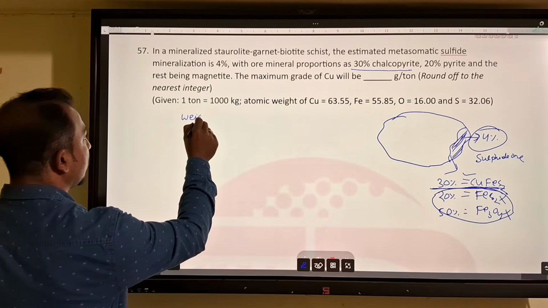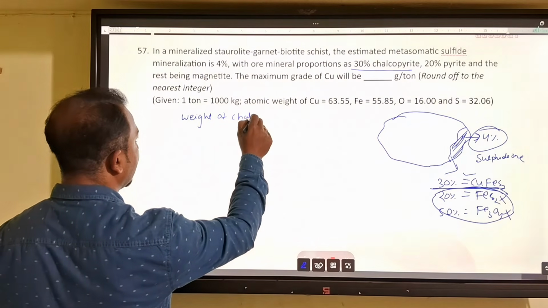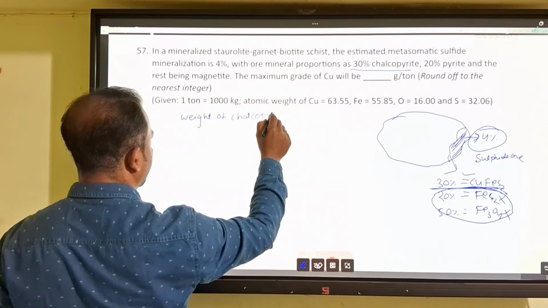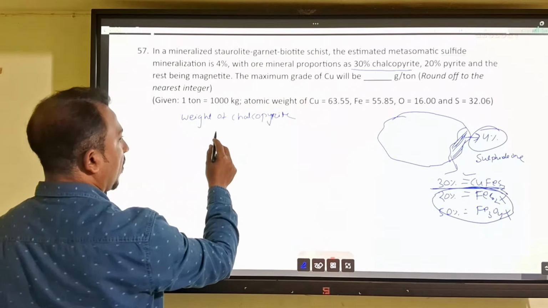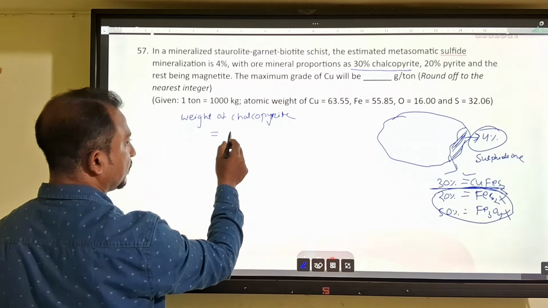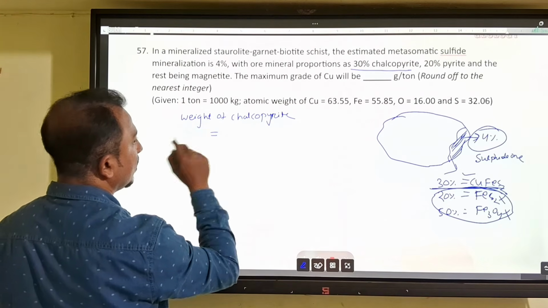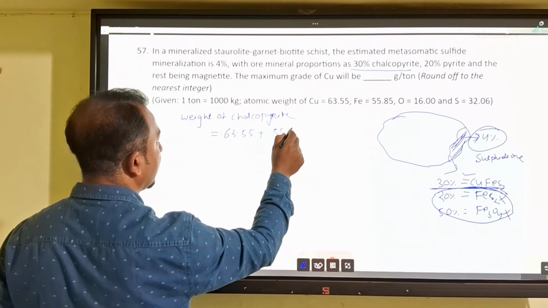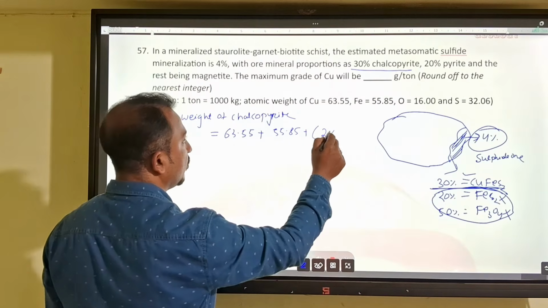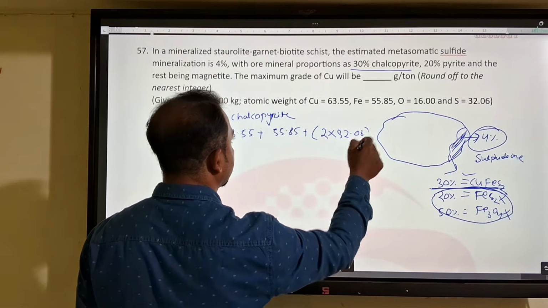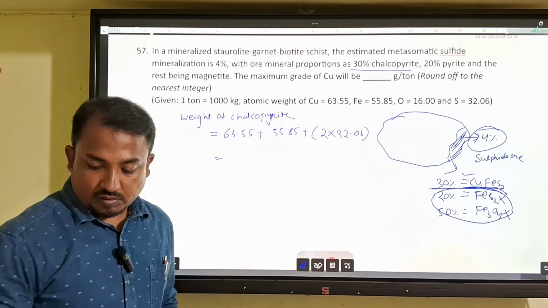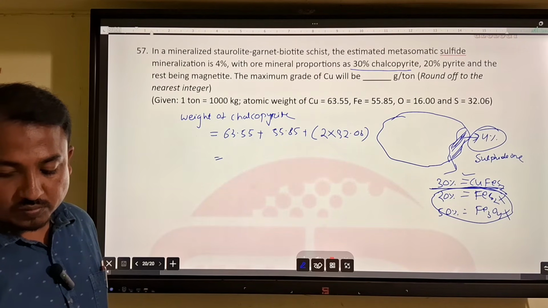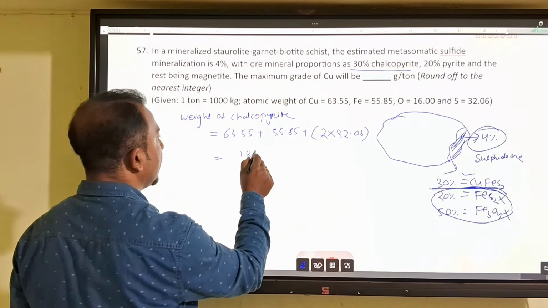So first we will calculate the weight of chalcopyrite. In this type of problem, we have to remember this formula. So it will be Cu is given 63.55 plus Fe is given 55.85 plus 2 into 32.06. It will be 183.5.